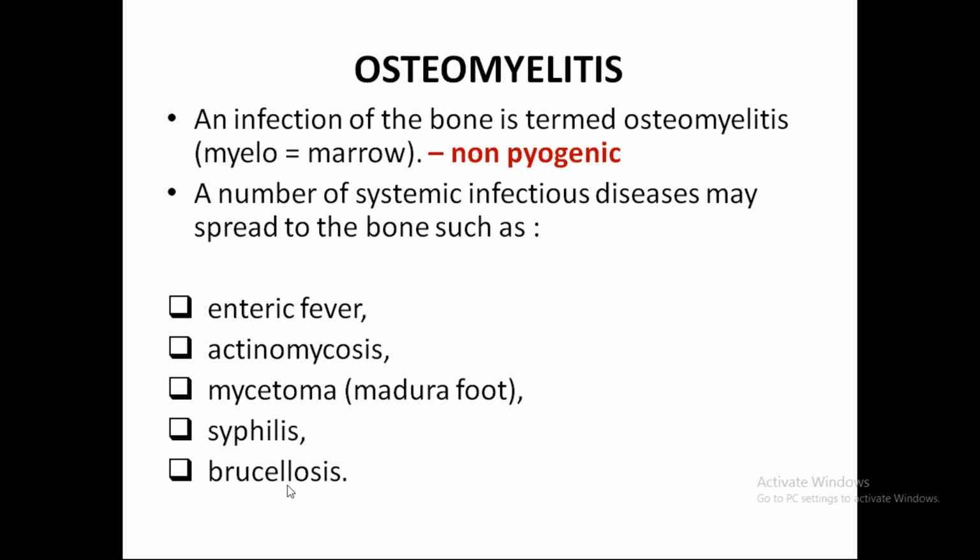Whereas in pyogenic osteomyelitis, that is what we have seen previously, we find neutrophils predominantly in number, followed by macrophages.